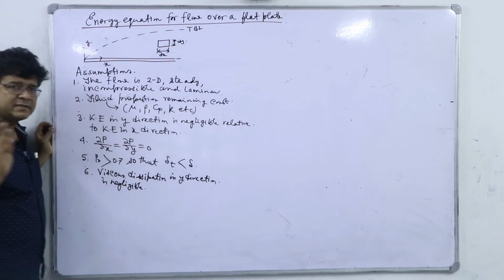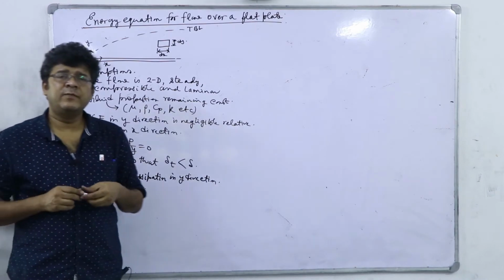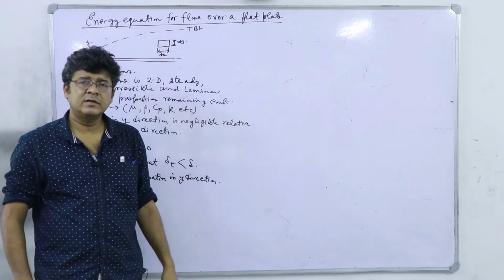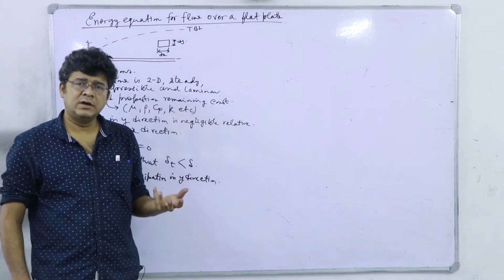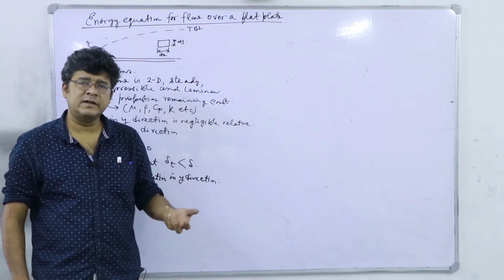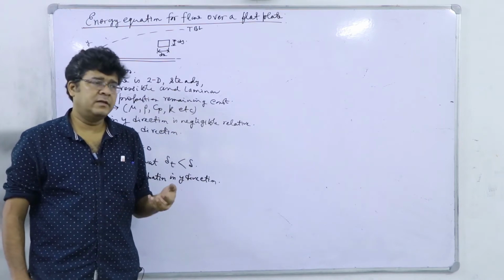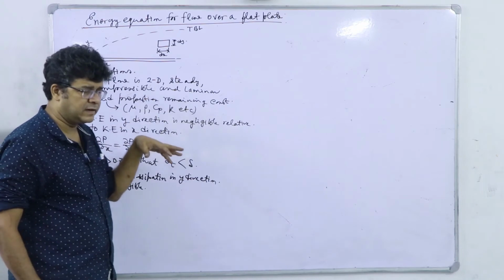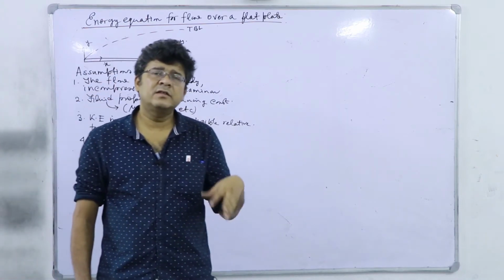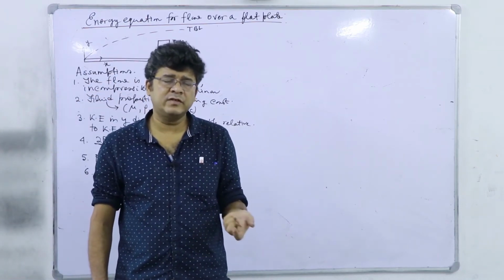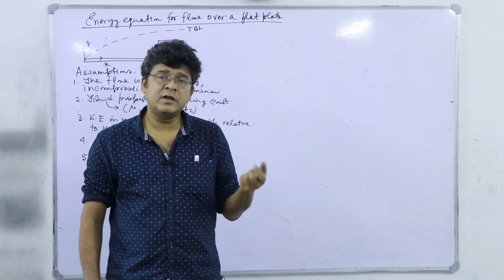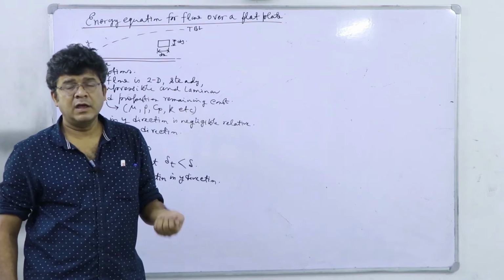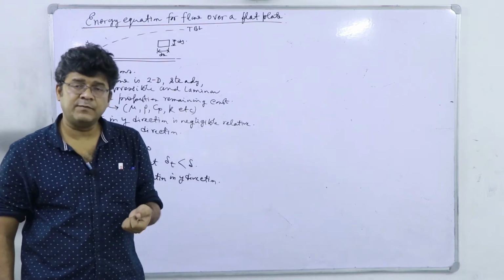So actually, the viscous dissipation: when we are dealing with this general energy equation, it will include the conduction term, the convection term, and the unsteady state term, which we are not going to use here. Then there may be heat generation, because the fluid is working against friction, and friction is a non-conservative force field.